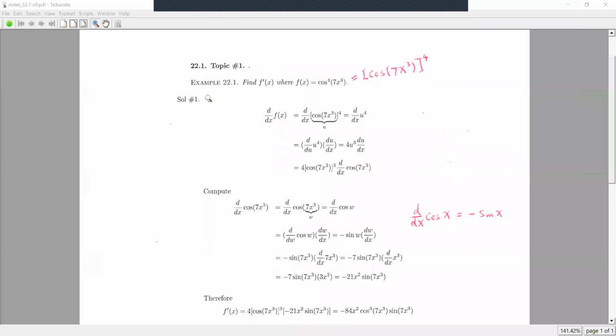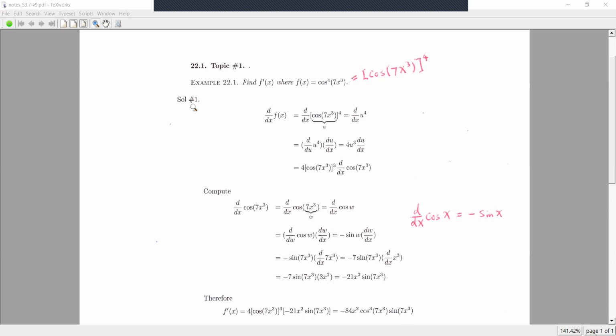Now, examples. Example 1, find the derivative of function f, where function f is this function. This function is a power function. The power is 4, and the base is cosine of 7x to the third. About this example, there are two solutions. In solution 1, I use the chain rule with a single intermediate variable to compute the derivative.